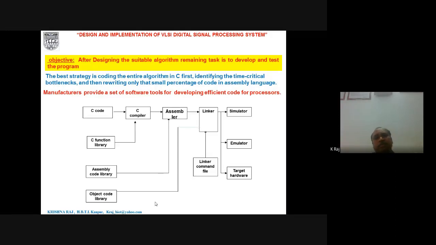And we have discussed that in this case, that is the TMS320C6713, we use the CCS Code Composer Studio, which accepts the .c file as the input, and this is converted by the compiler to the .asm. It is considered as input to the assembler, and the assembler's output is the .obj, that is the input to the linker, and we will get here the .out file that is utilized by the simulator, emulator, or the targeted hardware.